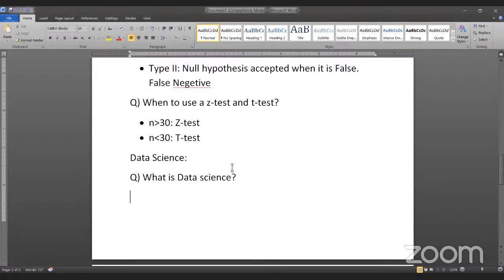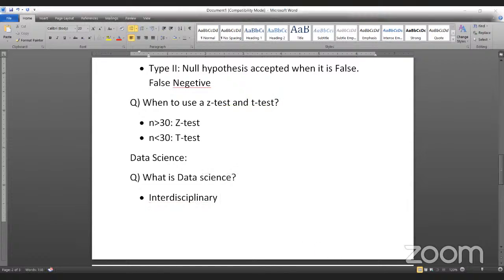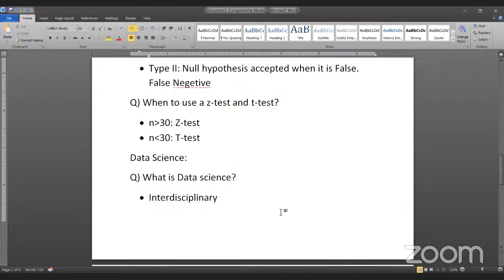If I write it in points: an interdisciplinary field.